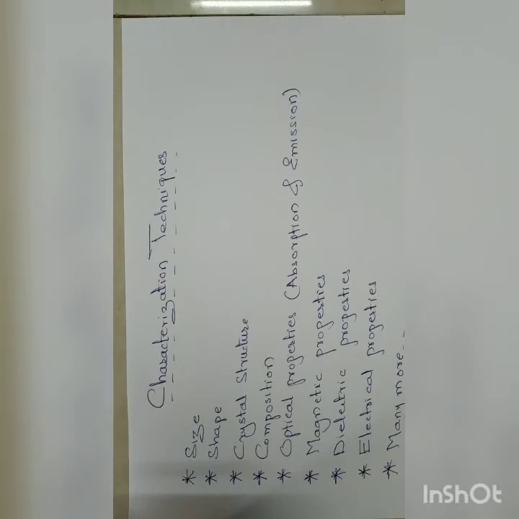So looking at these various parameters which we would like to study on nanomaterials, the characterization technique or techniques vary depending upon our requirement. So first let us see the surface morphology, that is size and shape, or the appearance of nanoparticles. That is basically nothing but a direct look at nanoparticles, and that is possible only by the study of surface morphology.